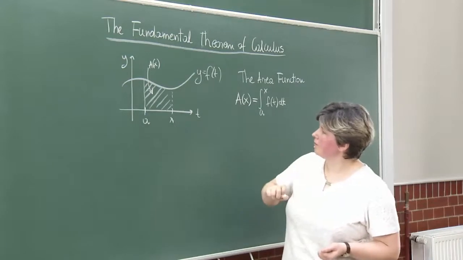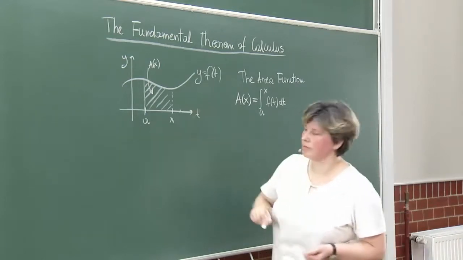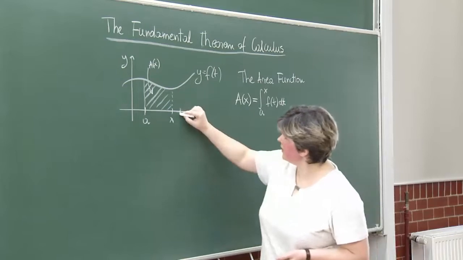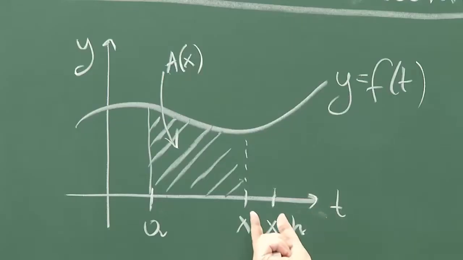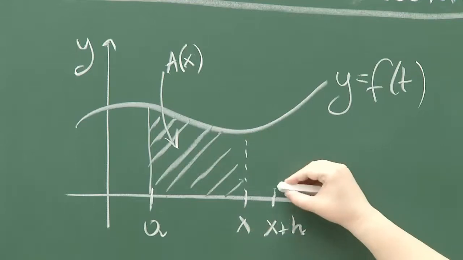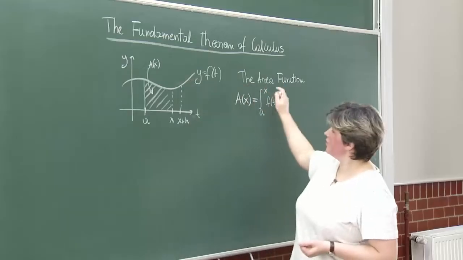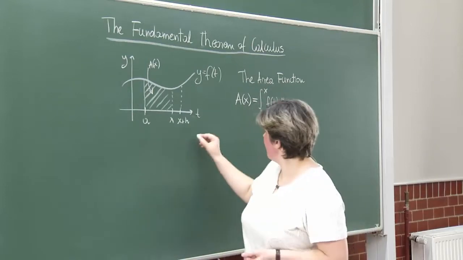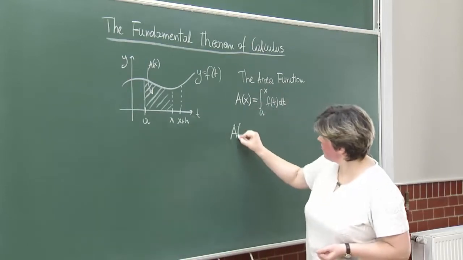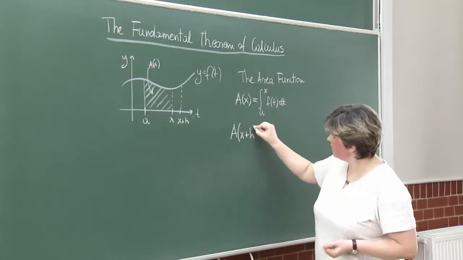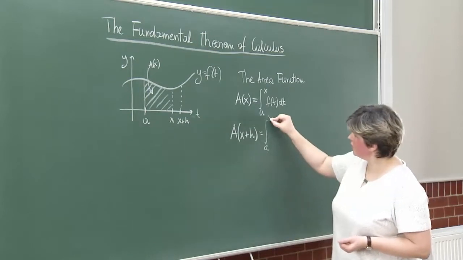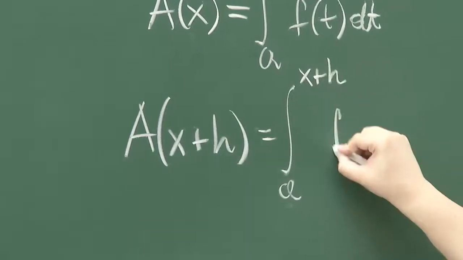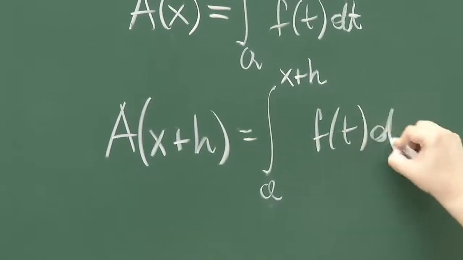Let's pick another point a little bit to the right of x, and let's denote it by x plus h. So this little distance here is h. Now, according to my definition of the area function, A of x plus h is the integral from the starting point to this new endpoint of f of t dt.